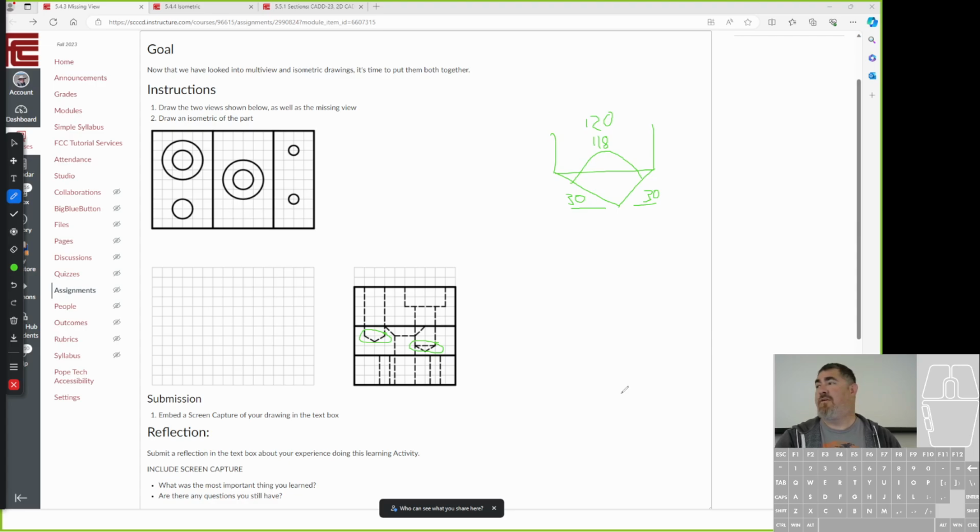I have 4 people in class, 1 person online. Who thinks the one on the right is correct? 4 people in class, 2 people online, 3 people online. So it is the one on the right. That's the correct one. Yeah, the one on the right is correct.